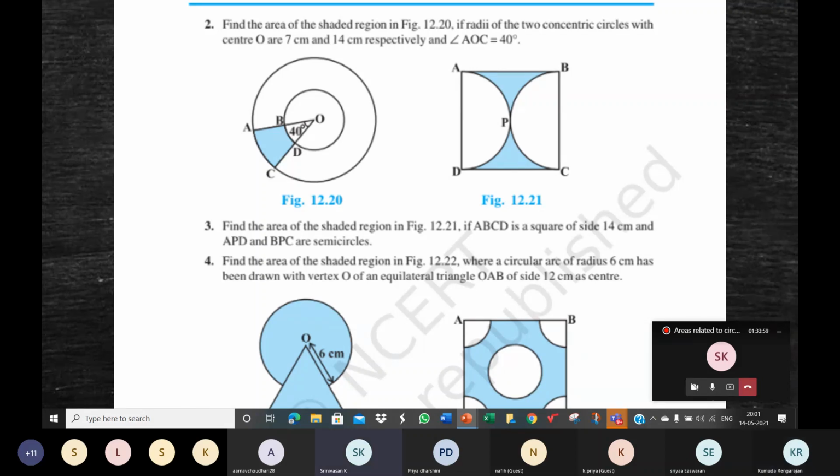Area of sector OAC minus area of sector OBD.